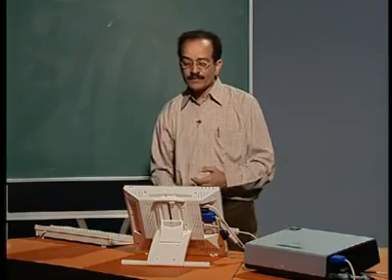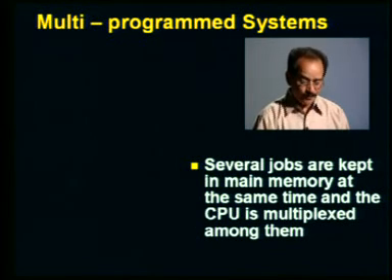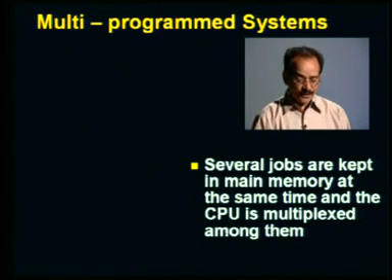In case of a multi-programmed system, what we do is we keep several jobs in main memory at the same time, and the CPU is multiplexed amongst them.